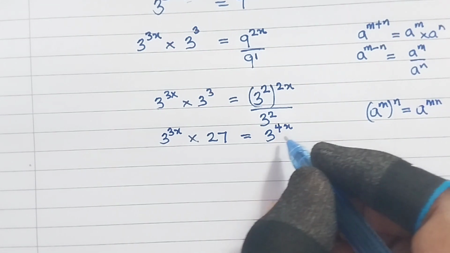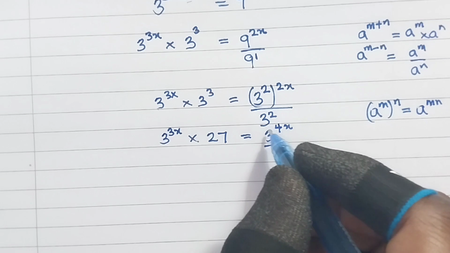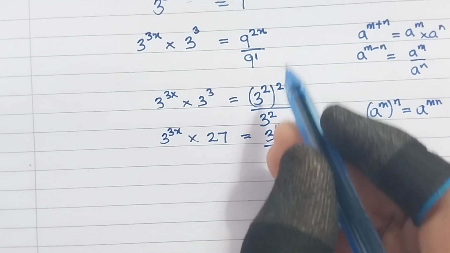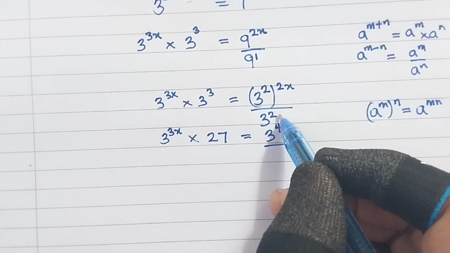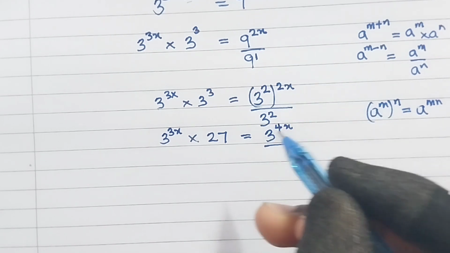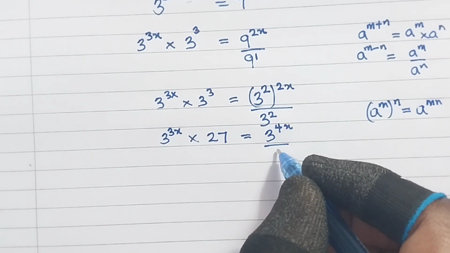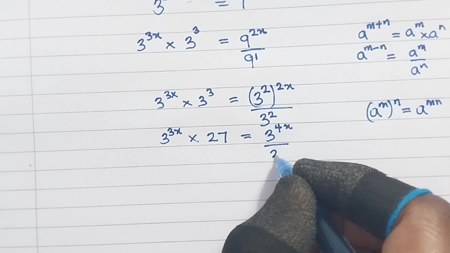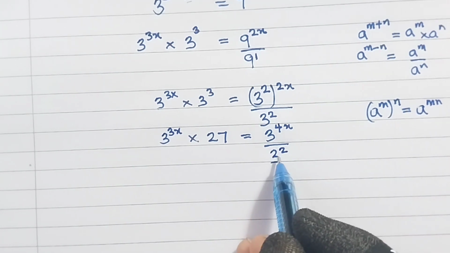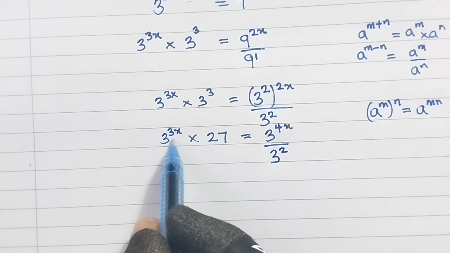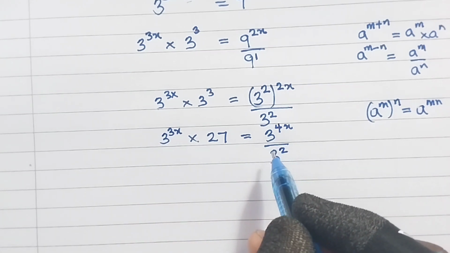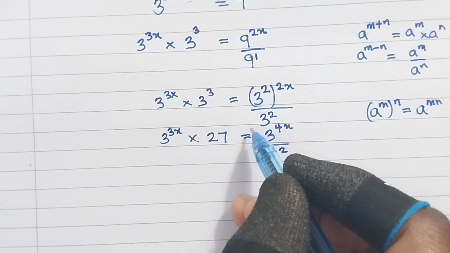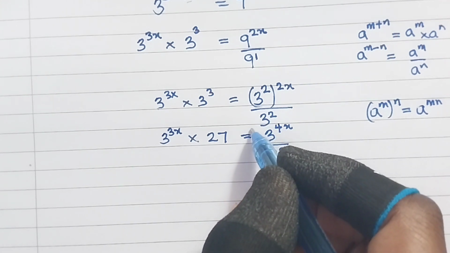Okay, so divided by, you can write your 3 raised to power 2. I shouldn't have expanded the denominator because it does not have a power x, so let me still put it like 3 raised to power 2, because we are still going to cross multiply and it will affect this.